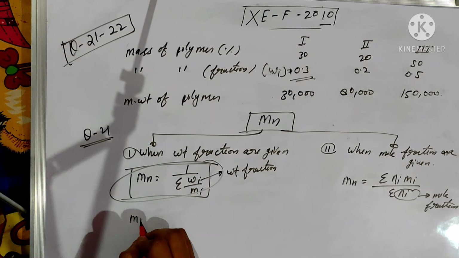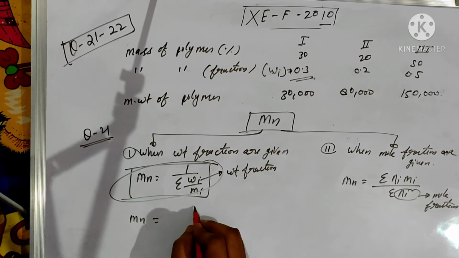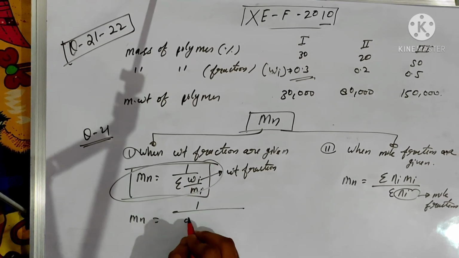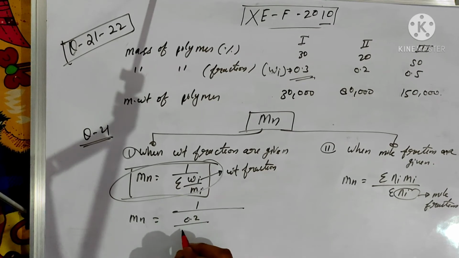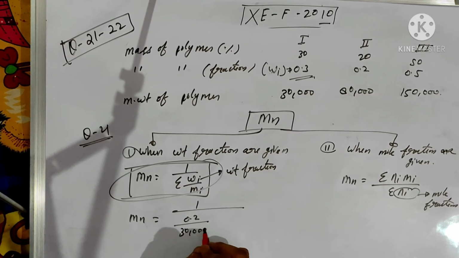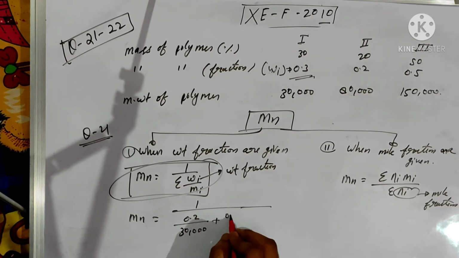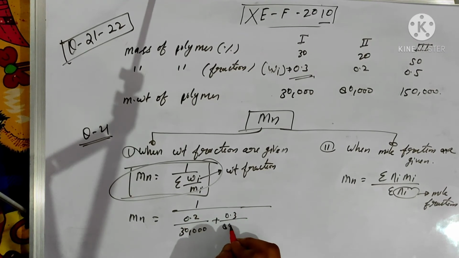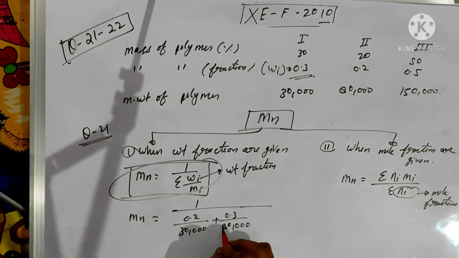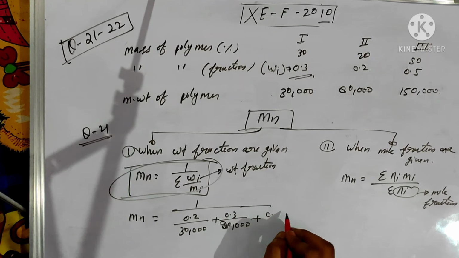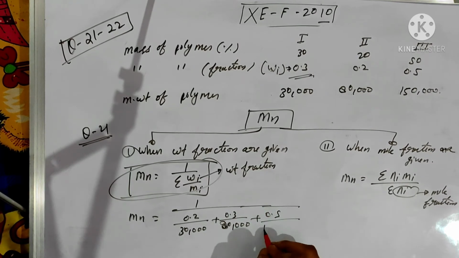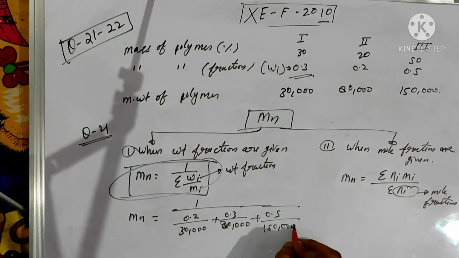Then Mn is equal to 1 upon 0.2 divided by 30,000 plus 0.3 divided by 80,000 plus 0.5 divided by 150,000.